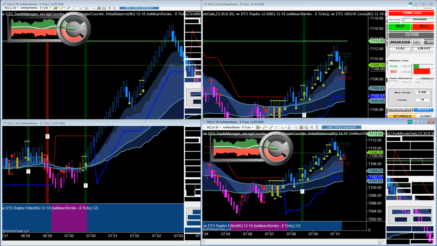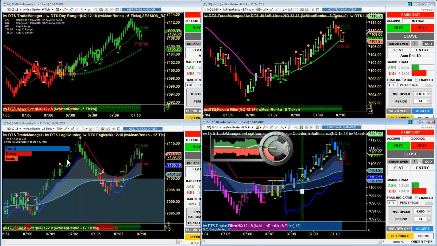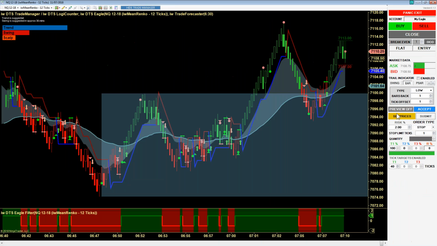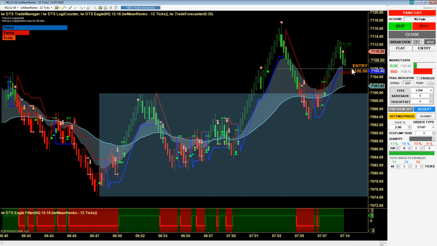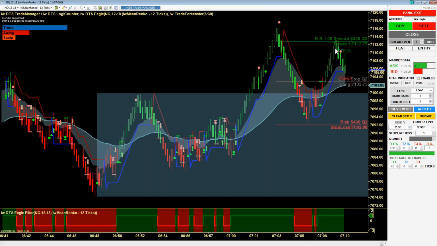Sometimes if you miss the signal, you just have to resign yourself to missing the signal. Here, this Eagle signal, I was debating trying to get in up here, but you can see the difference. Had I entered on the hash mark, I would have reached my profit target.